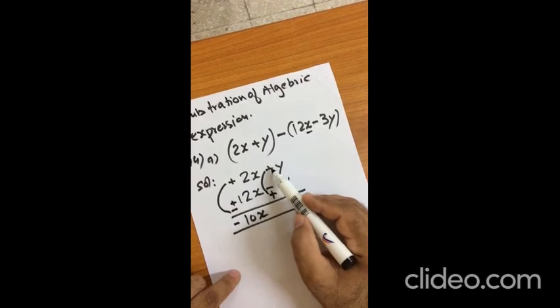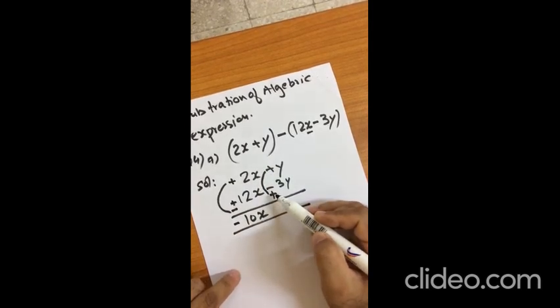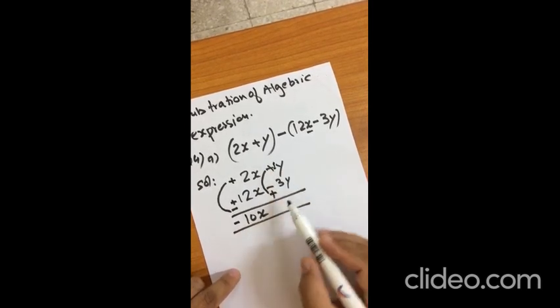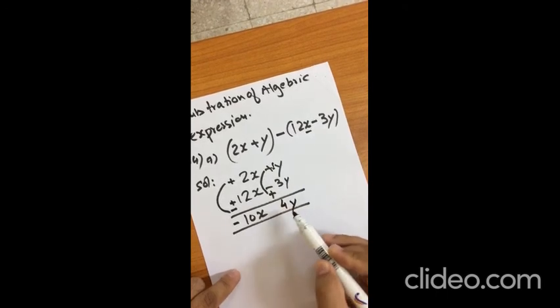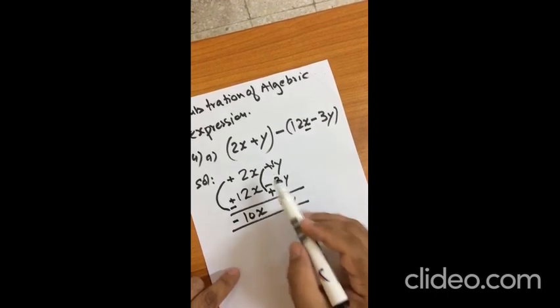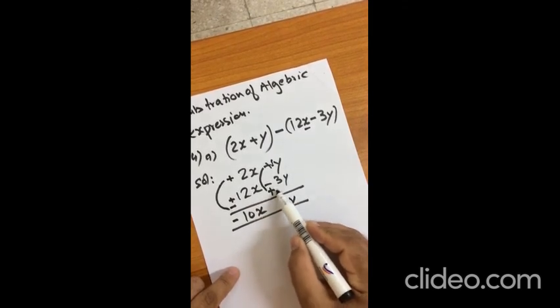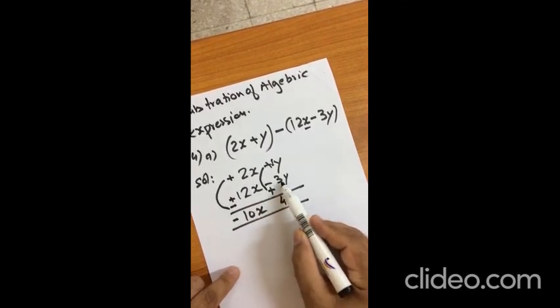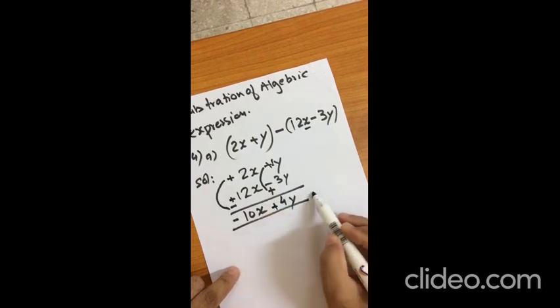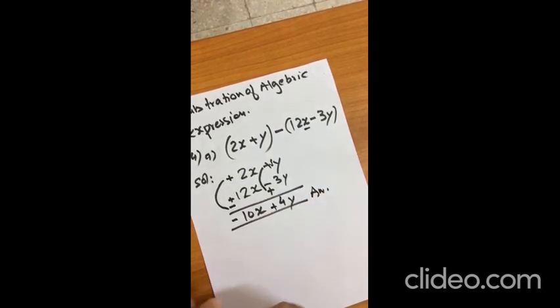Now plus plus plus, you do the procedure plus. Here is 1, 1 plus 3 is 4, then put y. And this is the time for putting the sign. Now you can put a positive sign with the y, because the 3 is the greater number with that sign, so put y. So this is all about the subtraction of algebraic expressions.